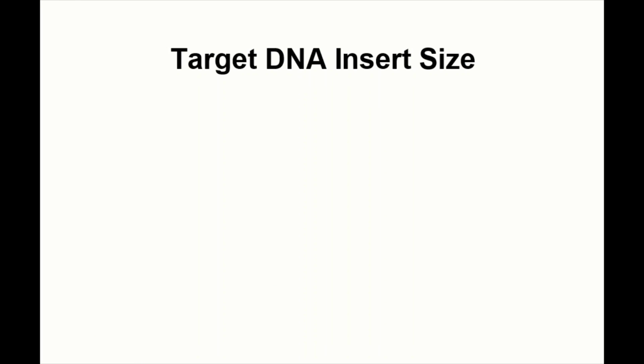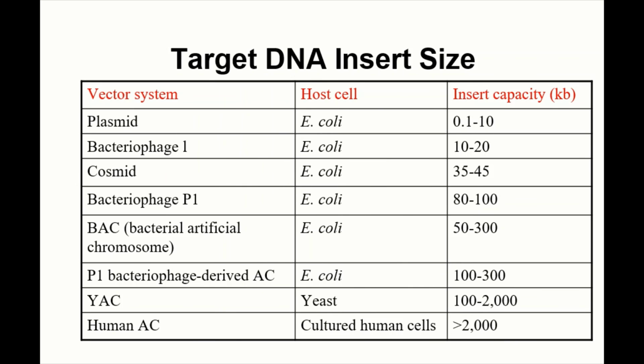Let us summarize the target DNA insert size that we need for each of those cloning vectors. This is the vector system, this is the host cell, and this is the insert capacity. So when we are using a plasmid, our host is an E. coli bacterium, and we can have 0.1 to 10 kilobases.